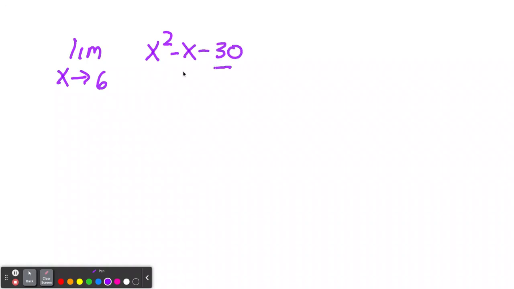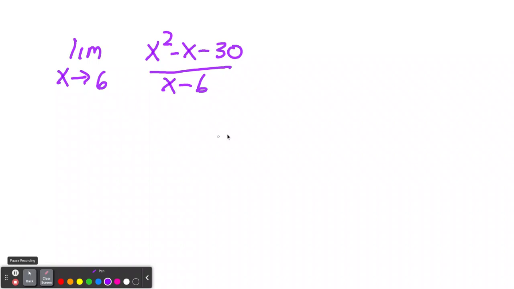We'll clear that out. And maybe we'll just change the color. So what if I gave you this? What's the limit as x approaches, let's say, 6, of x squared minus x minus 30 over x minus 6? See if you can get an answer for that. And again, you should know how to factor trinomials.